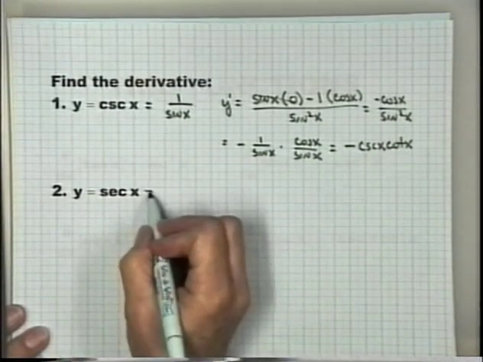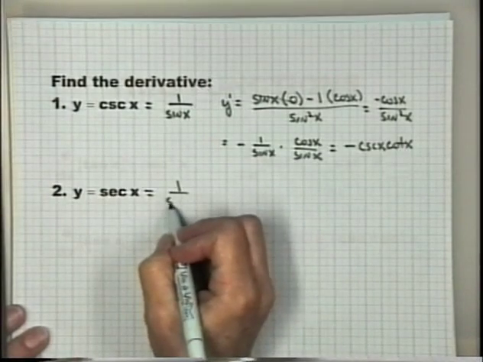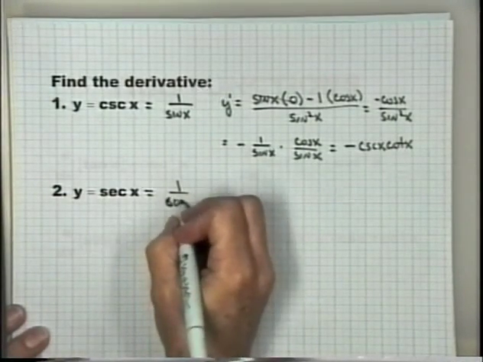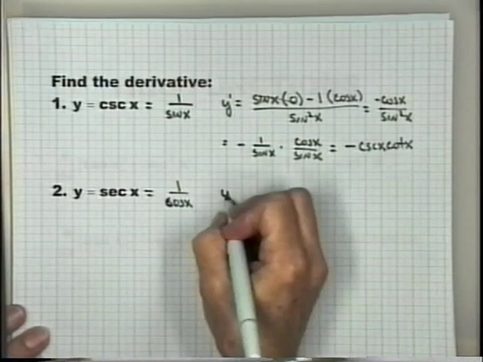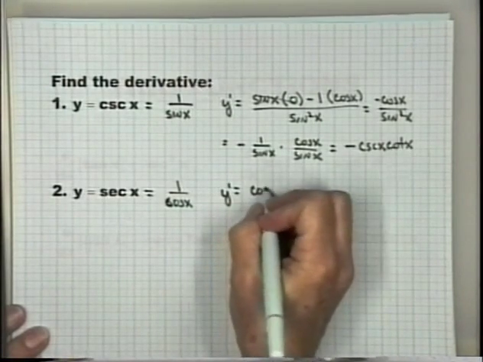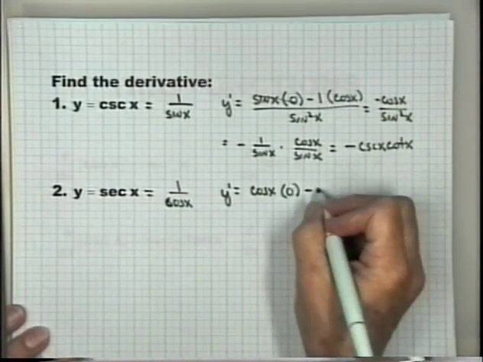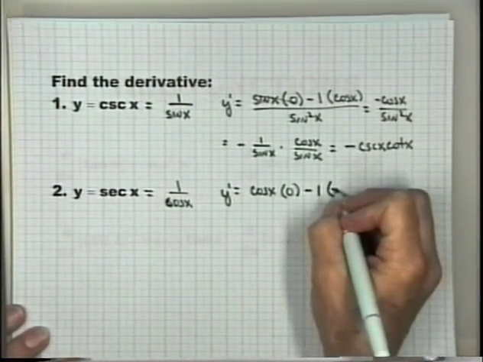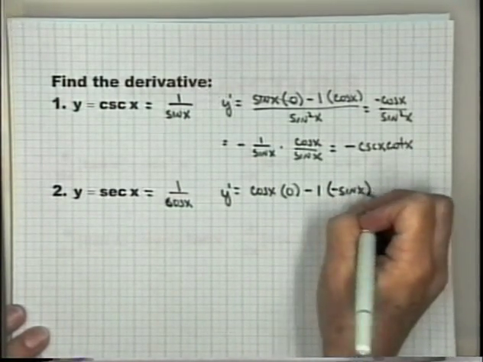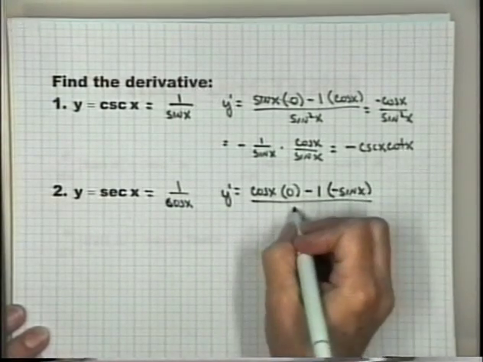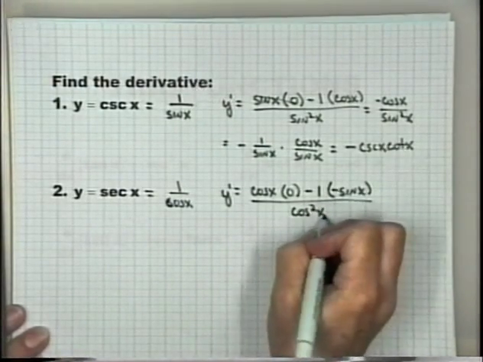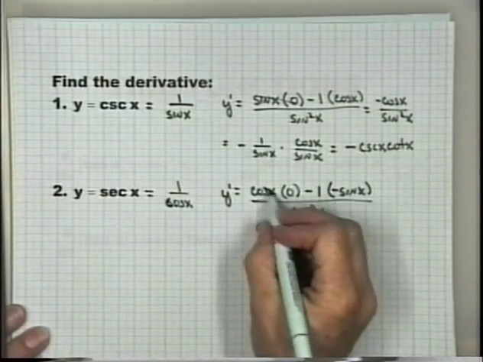I think you can see where we're going. Secant is 1 over cosine. So using the quotient rule, denominator cosine x, derivative of numerator 0, minus numerator 1, derivative of denominator is negative sine x, over denominator squared. So again, that's 0.